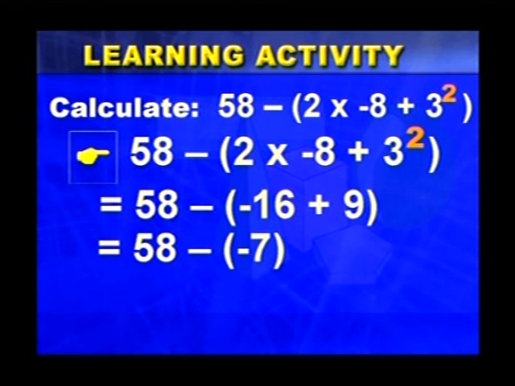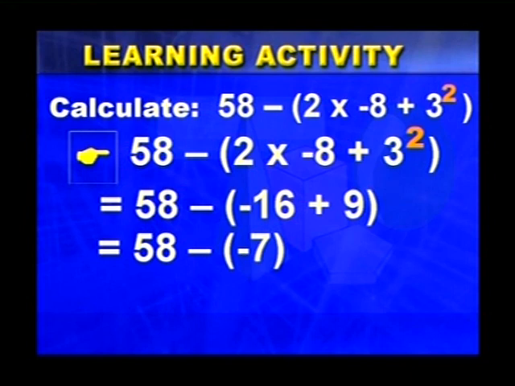You were taught this: negative 16 plus 9 can be written, adding its opposite, as 16 minus 9, which is 7, and you get the sign of the bigger number, which is 16. That's how we get our answer.